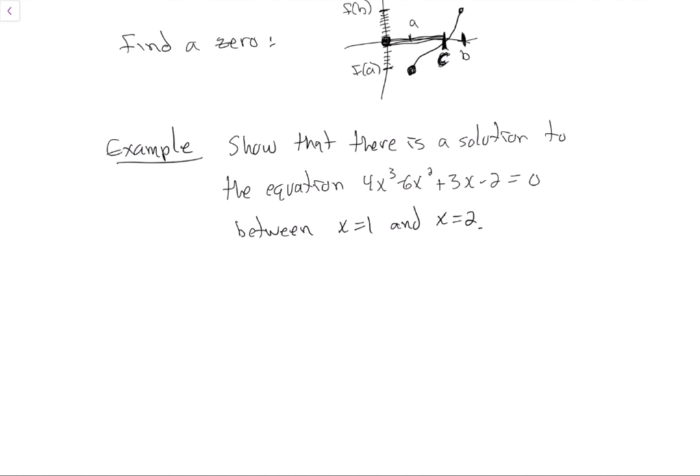All right, now we could take out a calculator and graph this and show that that's true, and I want to do that at the end, but let's just show the analytical pencil and paper work that we would utilize here.